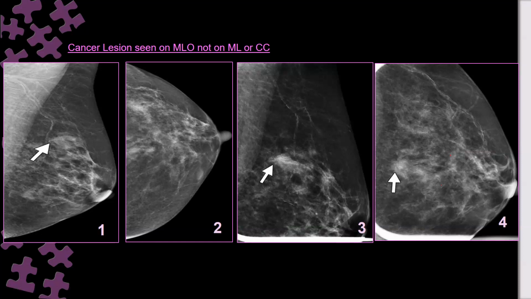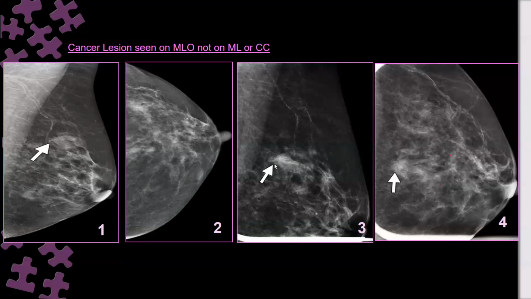Let us go back to the spot magnification. When will you say this is a pseudo lesion, and when a true lesion? If it's seen in a spot view, I will say it's a true lesion. If it's not seen, I will consider it glandular tissue. Here it persists with more clarity.